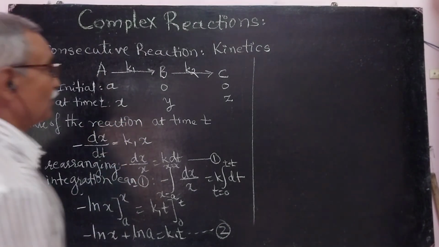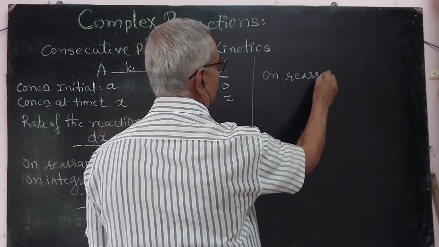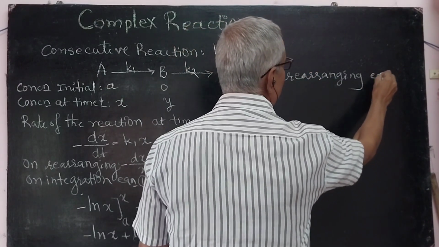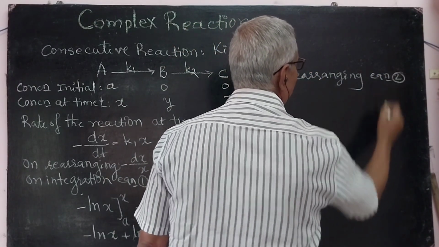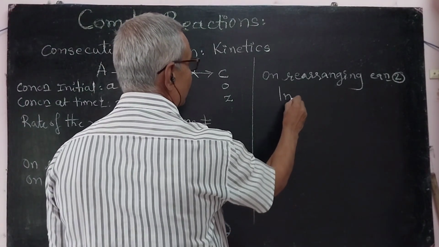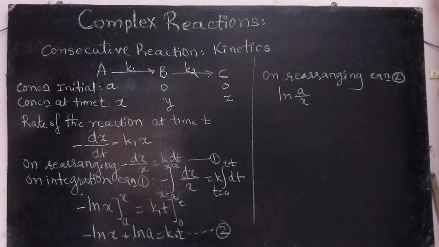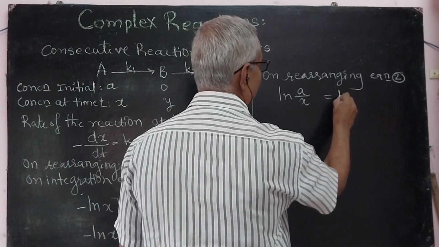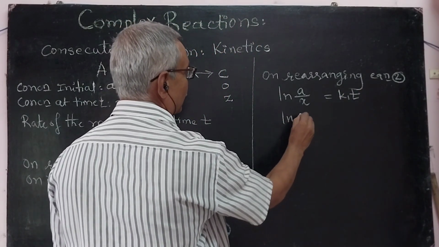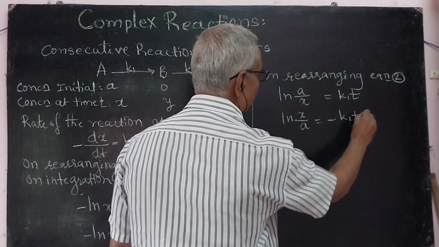On rearranging equation 2, we get ln a divided by x is equal to k1 t, or ln x divided by a is equal to minus k1 into t.